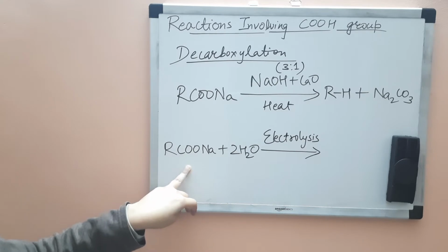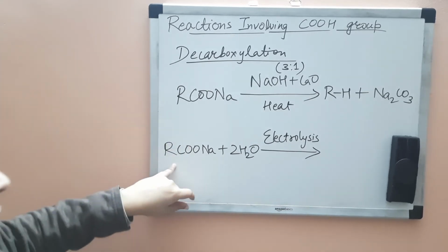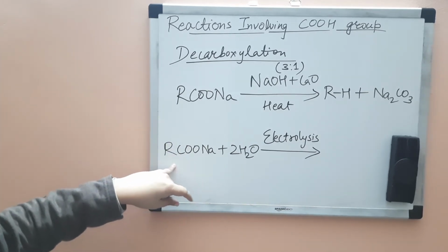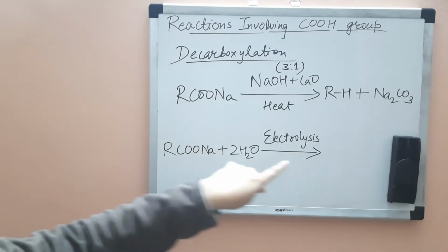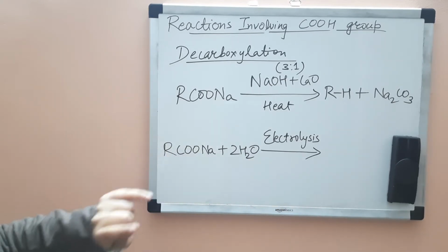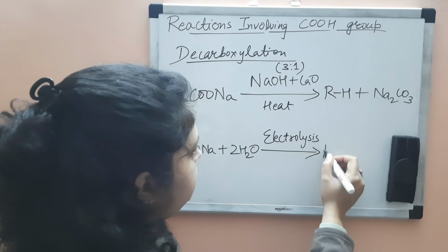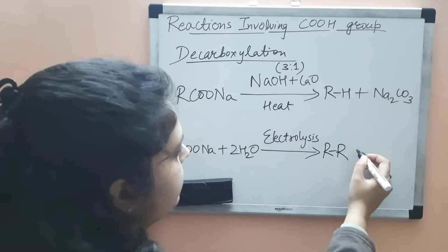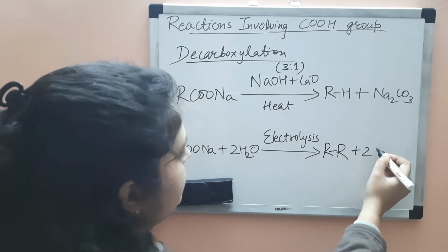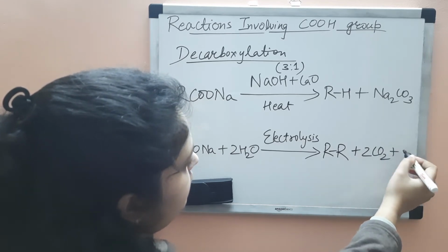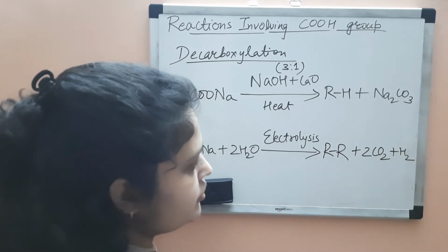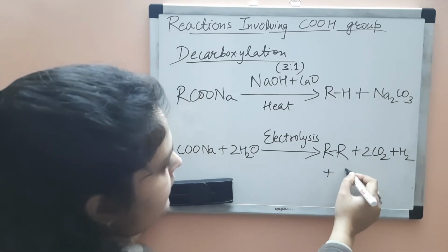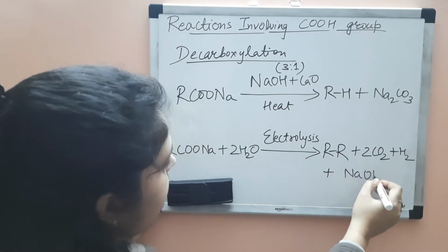You will get double the number of carbon atoms in the alkane as present in the reactant. So you will get R-R, you will get CO2, you will get hydrogen H2, and you will get NaOH.